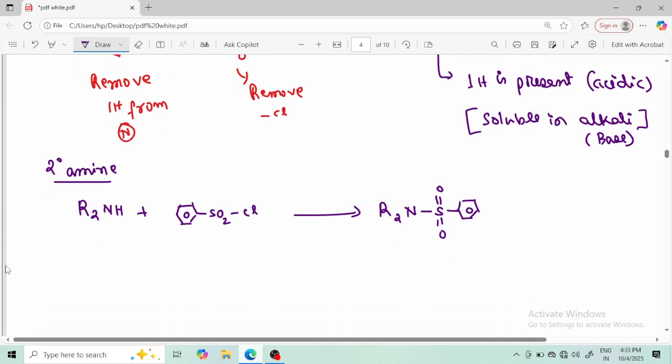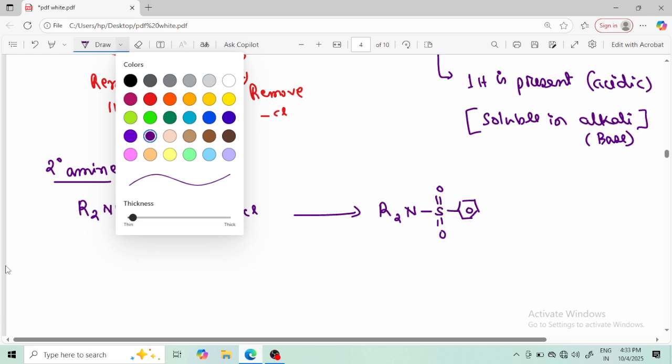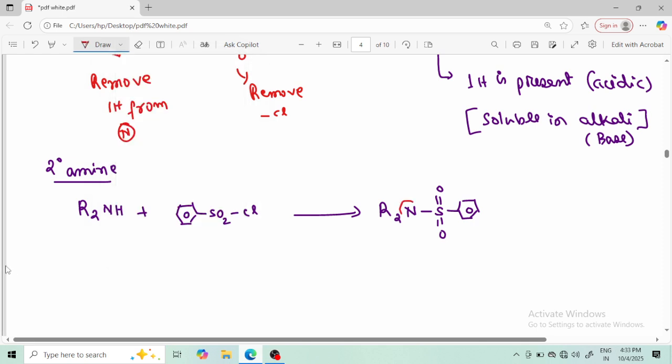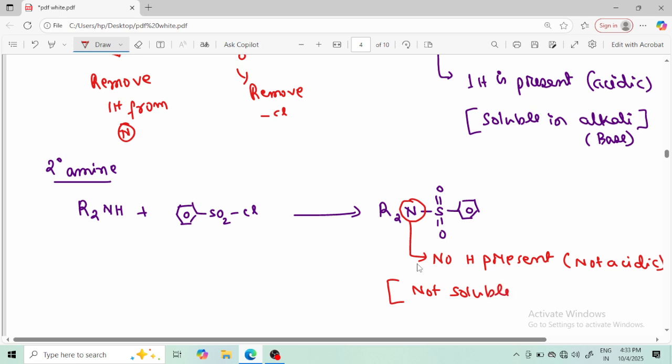Now if you look carefully here, with nitrogen there is no hydrogen, yes or no? No hydrogen present. So that's why this product is not acidic, and since it's not acidic, it will not react with alkali, so it's not soluble in alkali.